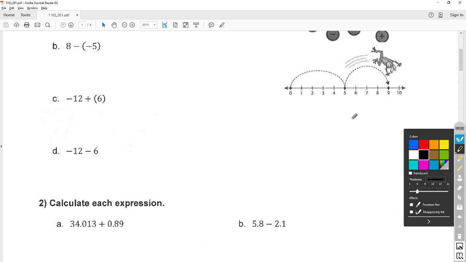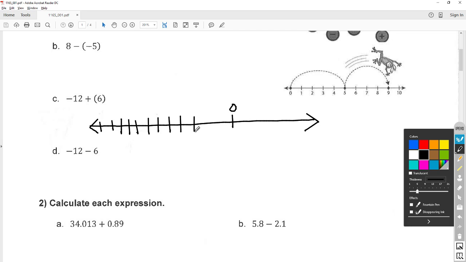So here you're starting at negative 12. So let me see if I could draw a number line here. And you're adding 6. Okay, so here I'm gonna start at negative 12.